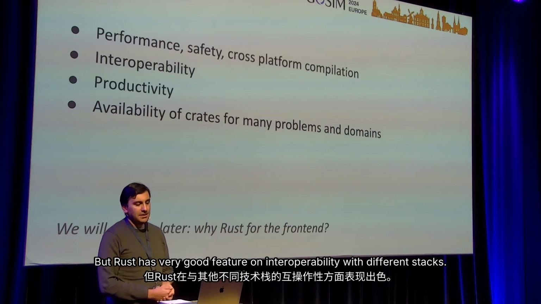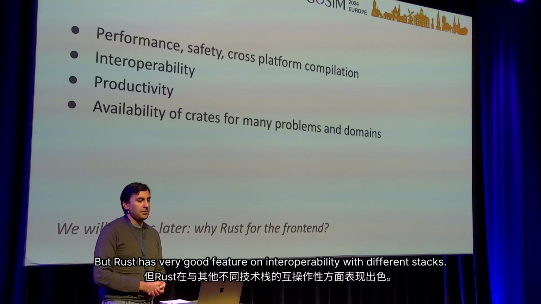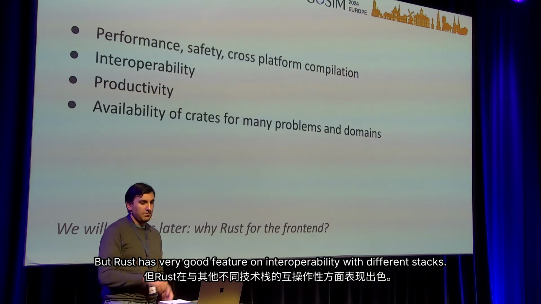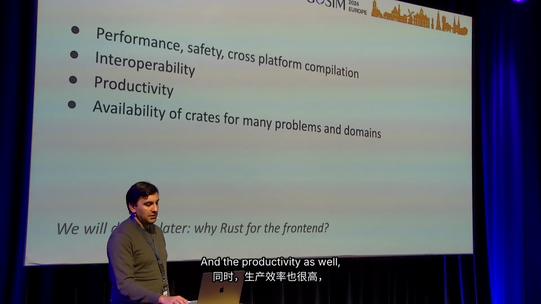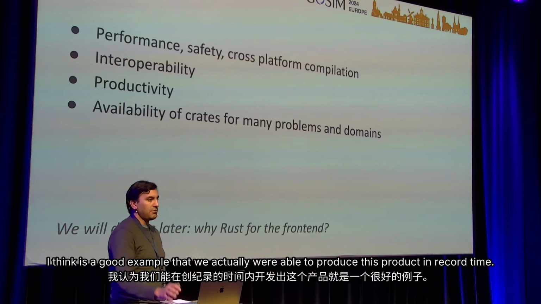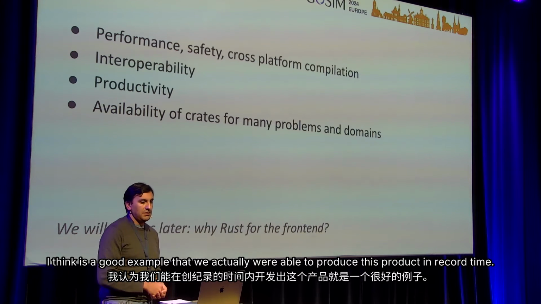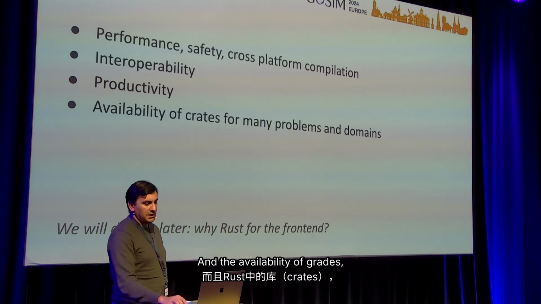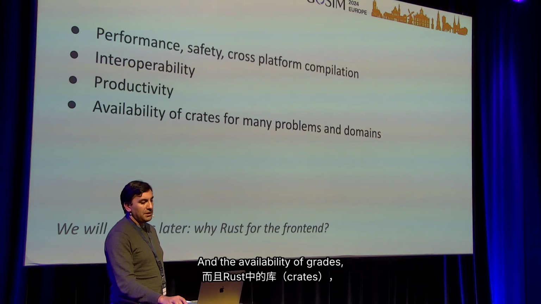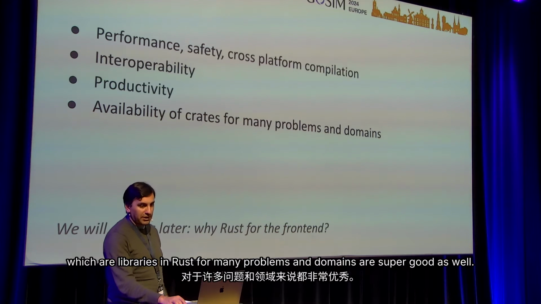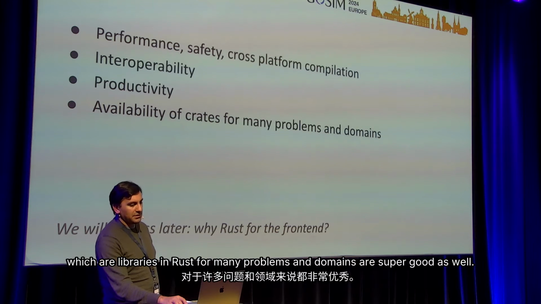Rust has very good features for interoperability with different stacks. And productivity as well: we were able to produce this product in record time. And the availability of crates, which are libraries in Rust, for many problems and domains is super good as well.